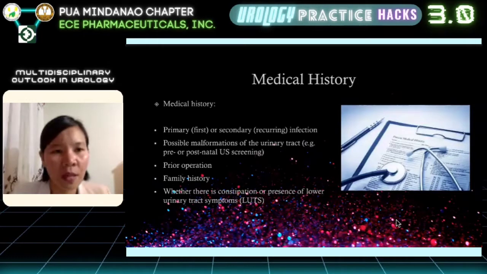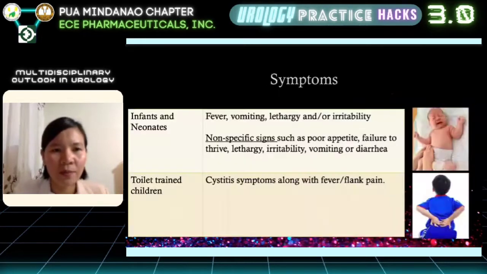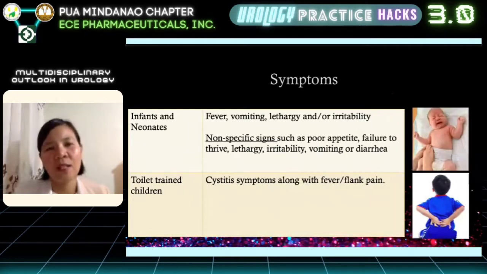Is it the first time, or is it a secondary infection? Are there possible malformations of the urinary tract? Did the patient undergo any surgery? What about family history, or whether there is constipation or presence of lower urinary tract symptoms? So when you see pediatric patients, they're not really like the adult patients, especially infants and neonates.